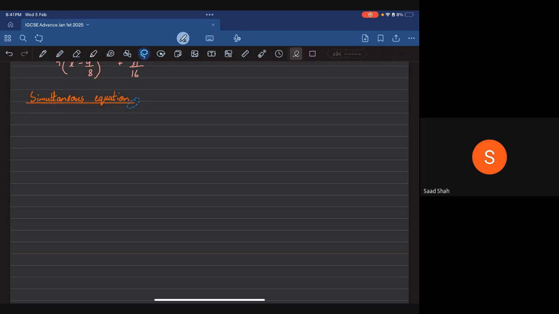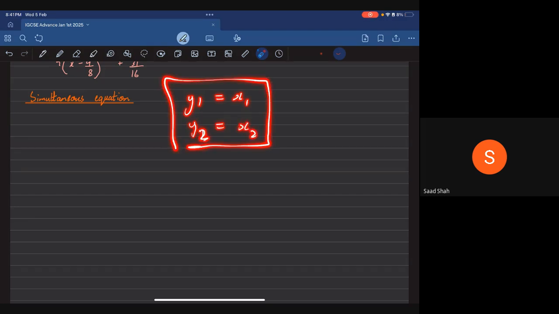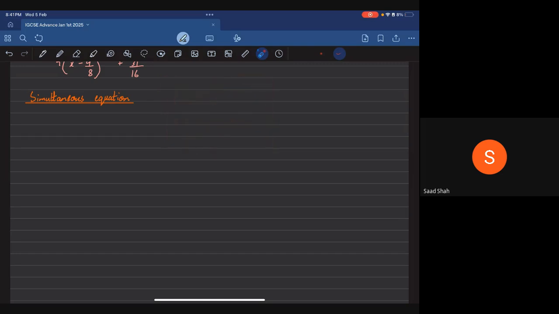For example, let's say there's an equation in y and x. Unless I have some value of x or y, I cannot get the value of the other variable. So in order to solve these types of questions, you're given a pair of equations, some equation in y and x, and it could be any variables, and you use these two equations to get to the answer of each other.